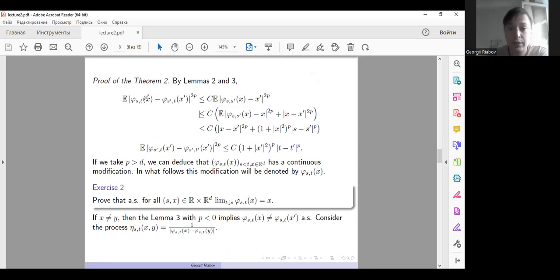So in this theorem, we need to estimate expectation of phi st of x minus phi s prime t prime of x prime in the power 2p. And first we will compare both these variables with phi s prime t of x prime.